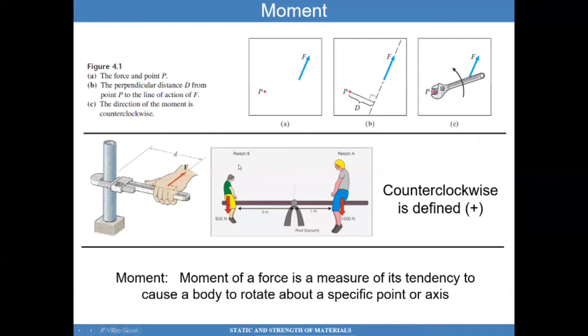Here you have person B who has a weight of 500 newtons and is 2 meters away from this axis. Here you have person A, who has a weight of 1,000 newtons, and is 1 meter away from this axis. Each of these persons is exerting an amount of moment about this axis.